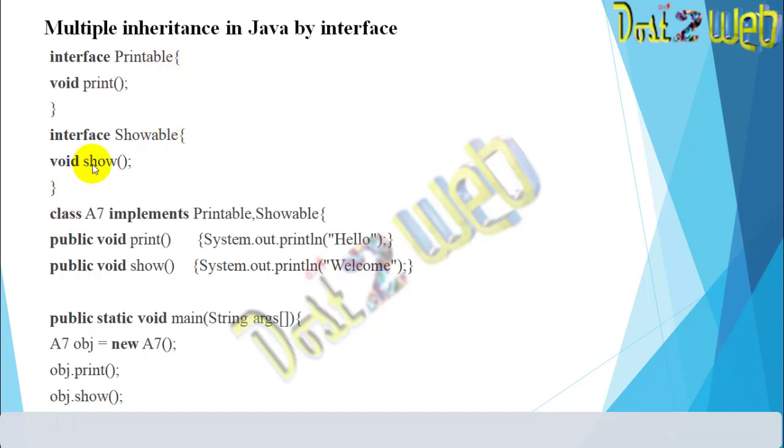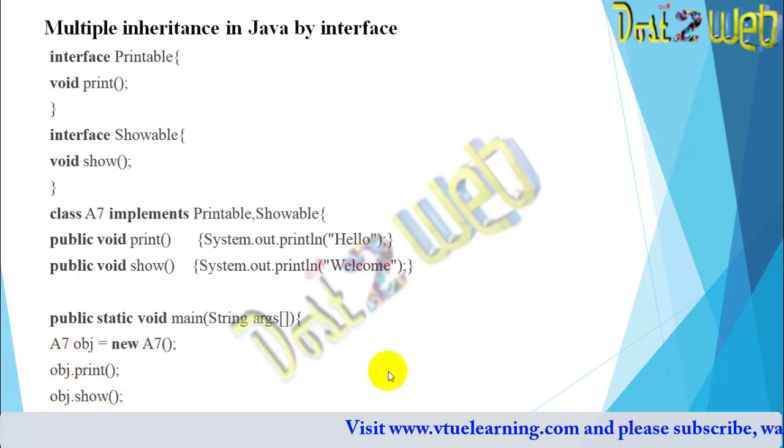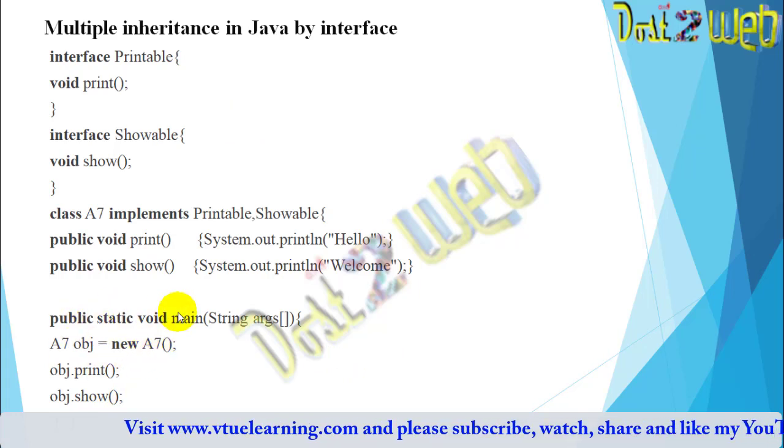Now you implement them in your subclass, the child class, A7. You use the methods: print hello, void show, public hello welcome. Go to the main method, create the object and call the methods. Very simple, the same way we have seen so far.